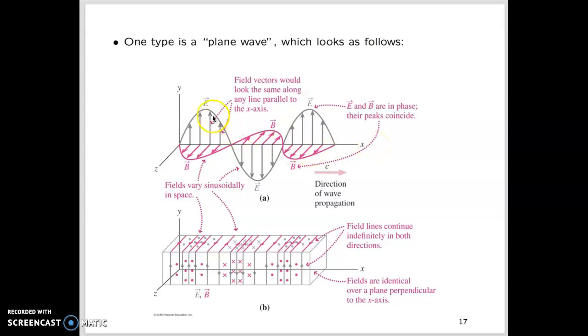And the electric and magnetic fields are both perpendicular to the direction the wave is moving, in this case, the positive x direction. That's something that I want you to remember. Electric field is perpendicular to the magnetic field, and both of them are perpendicular to the direction of the wave motion when you have an electromagnetic wave.